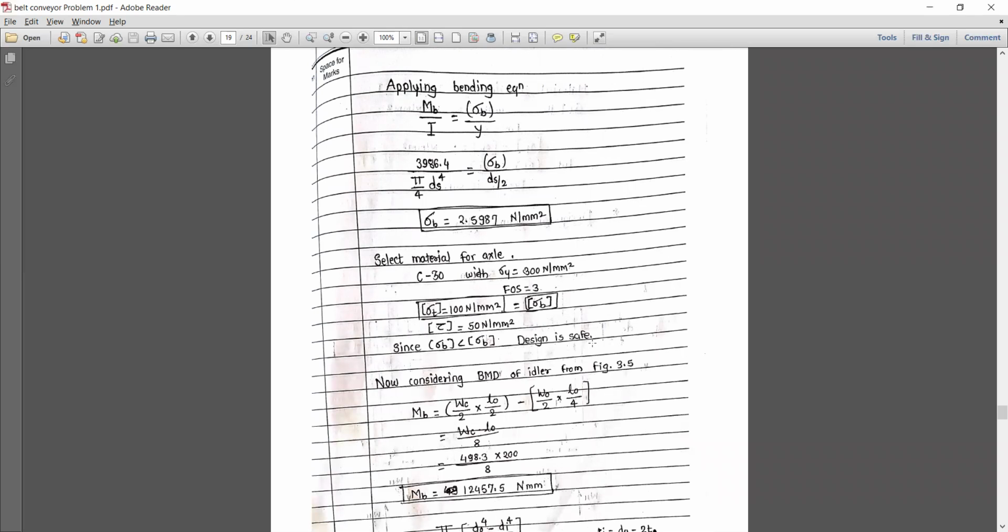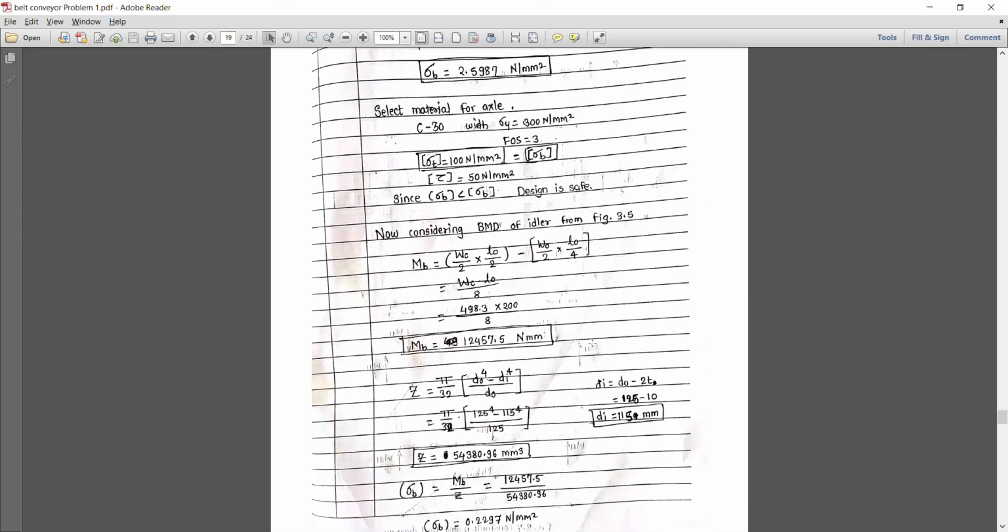Now applying the bending equation, M divided by I is equal to sigma B, that is design sigma B, divided by Y. So after applying the equation, what do we get? Sigma B is equal to 1.2987 Newton per mm square. Now selecting the material for the same, C30 with sigma YT equal to 300 and factor of safety equal to 3.